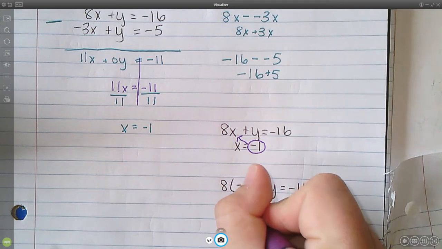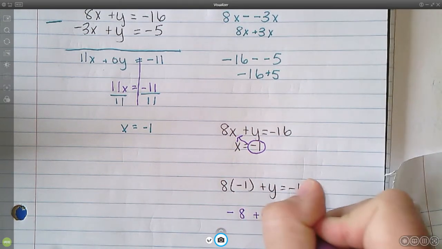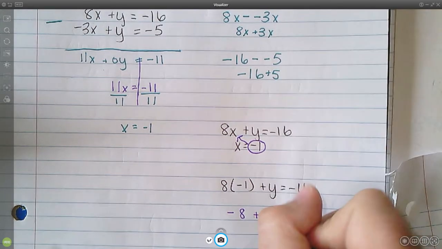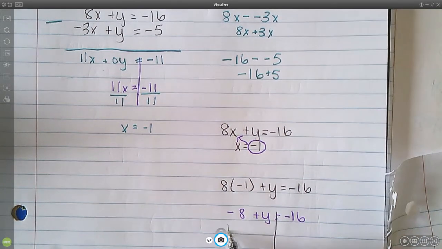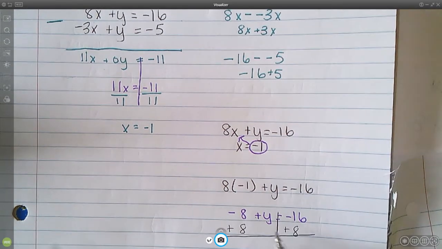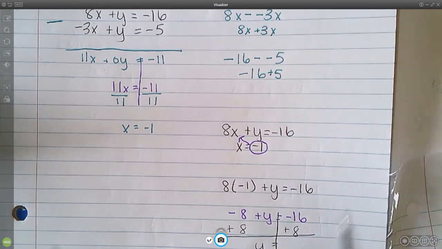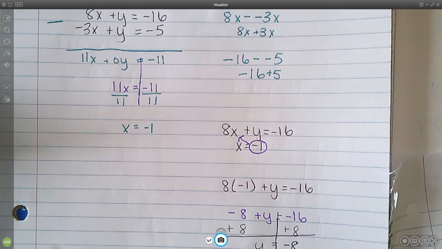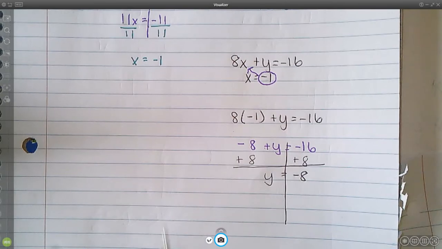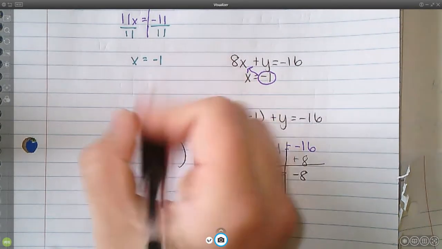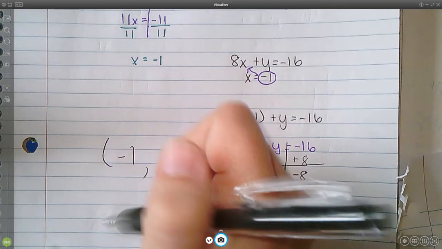So I have negative 8 plus y equals negative 16. Draw your line. We're going to add 8 to both sides. So y equals negative 16 plus 8, which is negative 8. We need to write our answer as a coordinate pair. So our x is negative 1 and our y is negative 8.